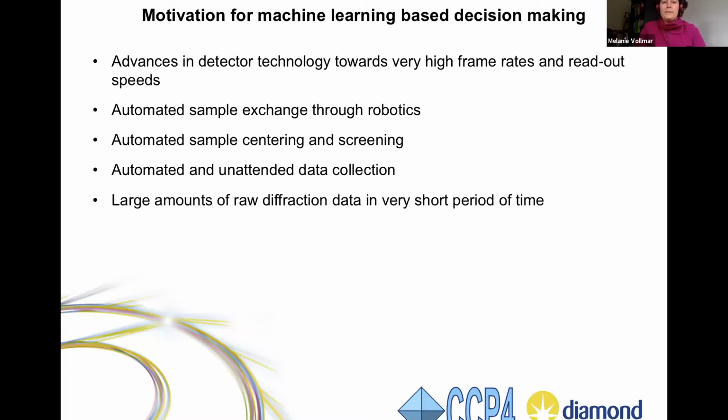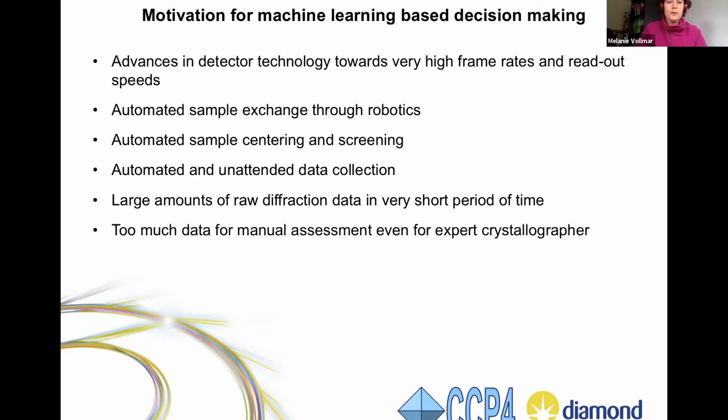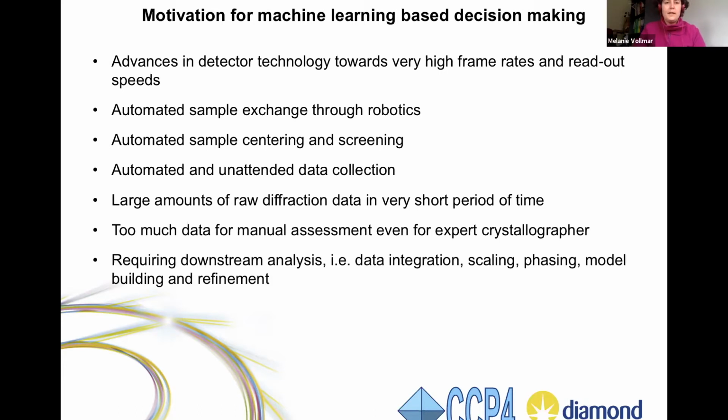That obviously will incur lots of data. Just as an example, combining all the automation, a 360-degree data set in a fine slicing setup will take 30 seconds on a beamline per crystal, which gives you a huge amount of data in an hour. So much so that not even the most experienced crystallographers can assess the data and make use of it.